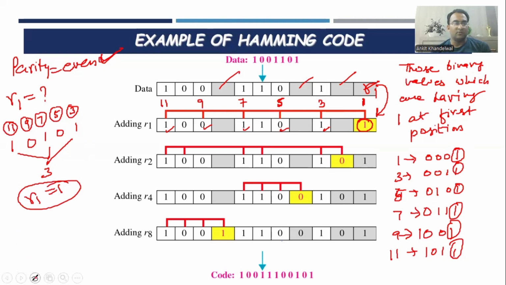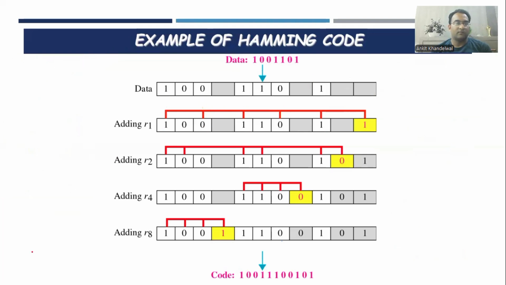Similarly, now let us look at how to find the value of the second redundancy bit. Now we are considering R2, so we are finding the value of R2. Let us see how we find it.